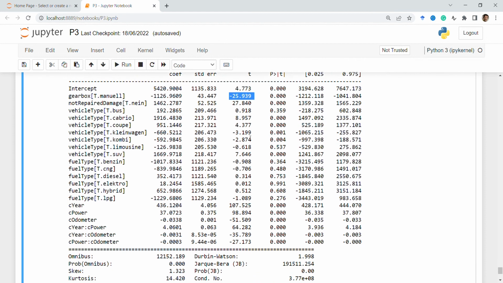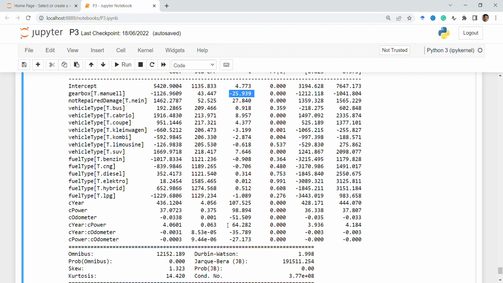So they make an impact, but still the most important variables are the year, the power, the number of kilometers, the interaction between year and power, the interaction between year and number of kilometers, and power and number of kilometers.